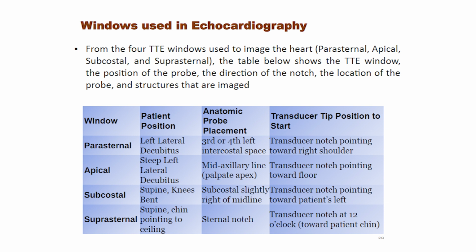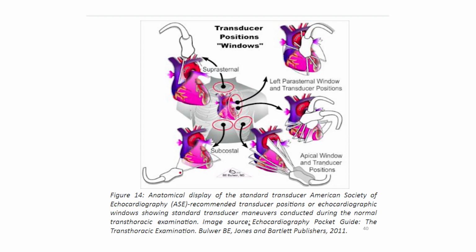Figure 14 shows the anatomical display of the standard transducer. American Society of Echocardiography recommended transducer positions are echocardiographic windows showing standard transducer maneuvers conducted during the normal transthoracic examination.